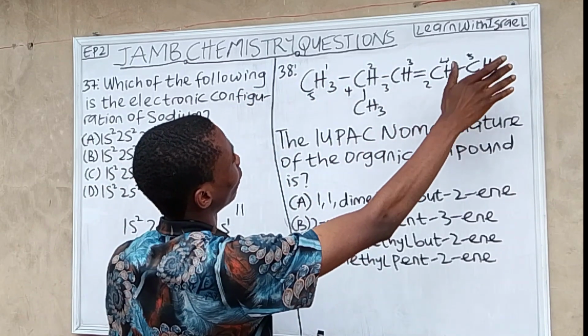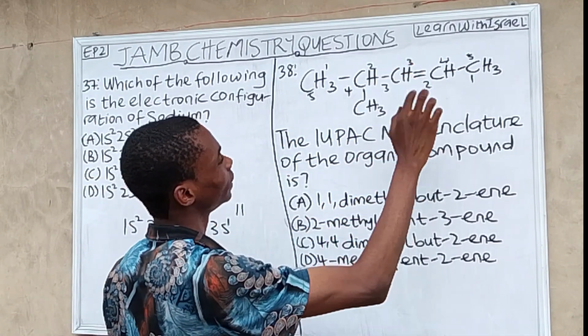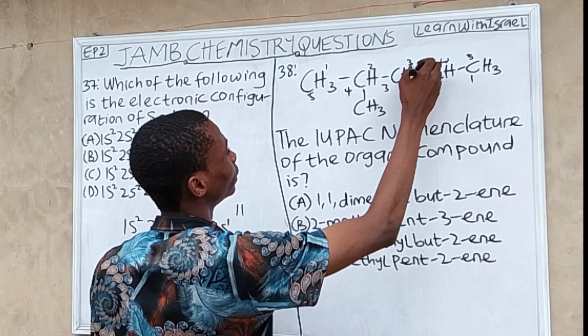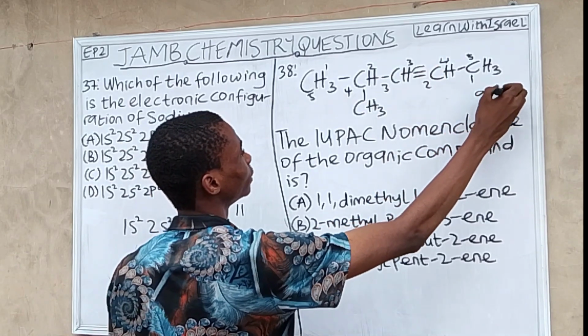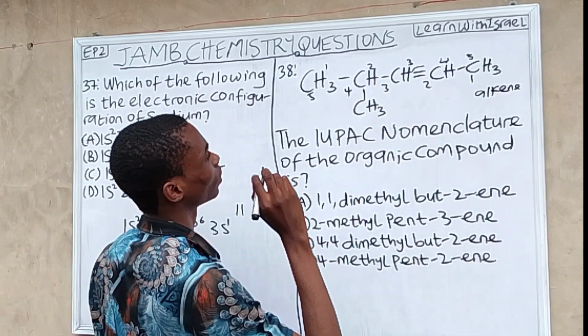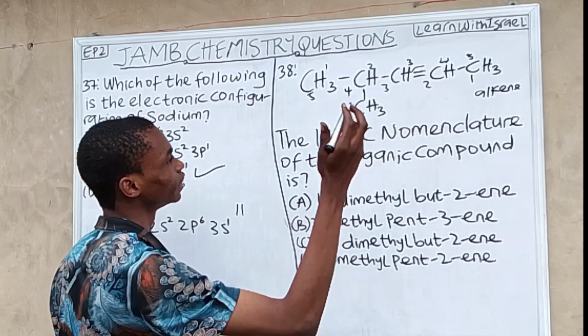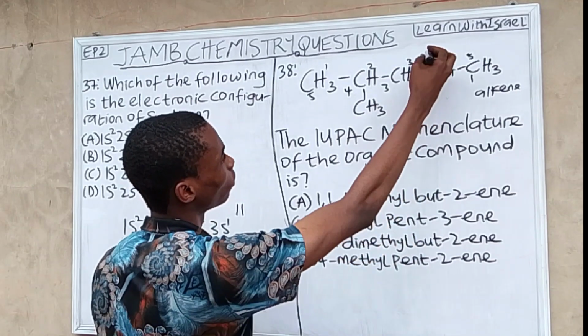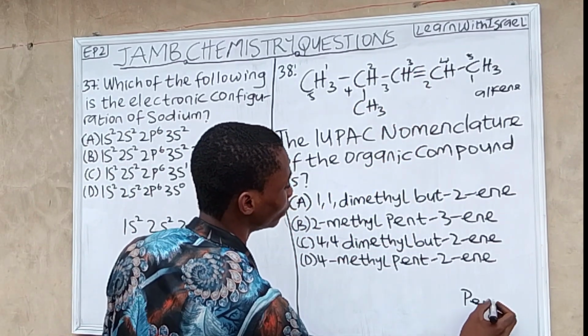We've counted to the left and we've counted to the right. We are going to go for the lowest number around the bond here. This bond here is a double bond known as alkene. The parent name is pentane, but because of the double bond here, it will be written as pentene.